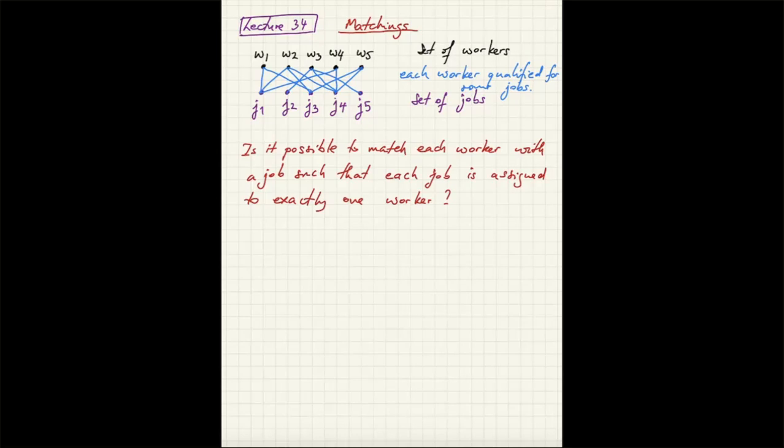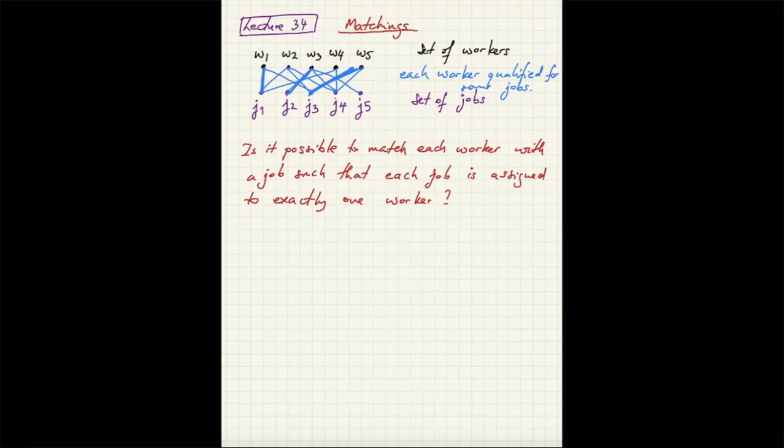In other words, we'd like to pick certain edges from this graph. For example, W1, J1, or W5, J3, W3, J2. And in this situation, these are three edges that we can pick such that no two edges intersect, have any common endpoint.